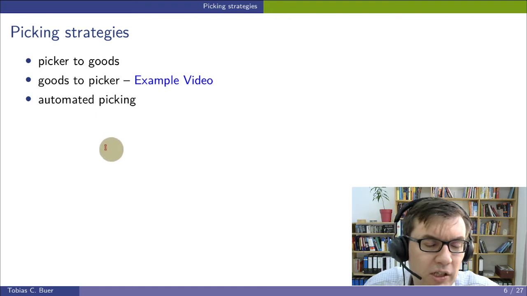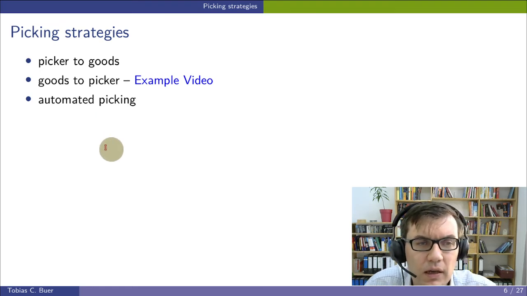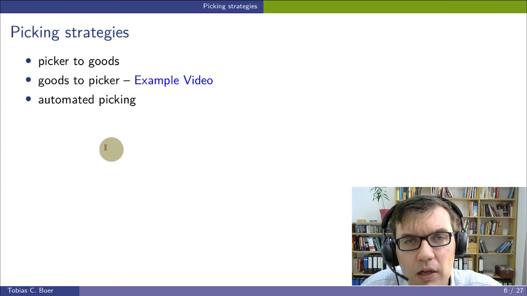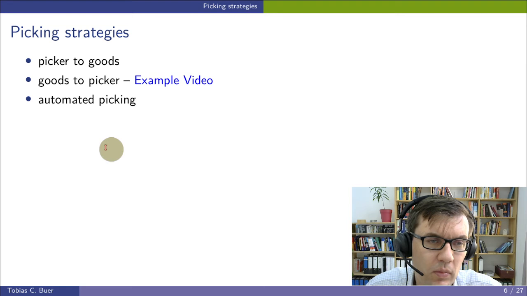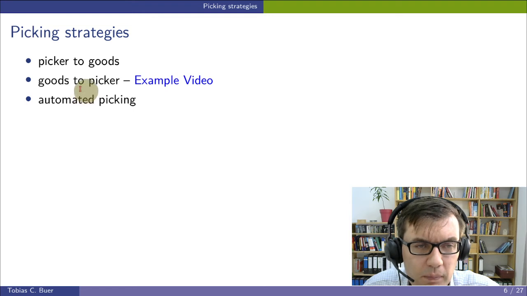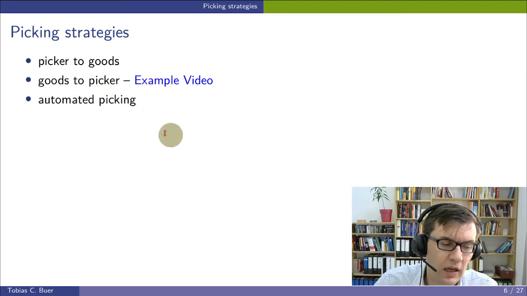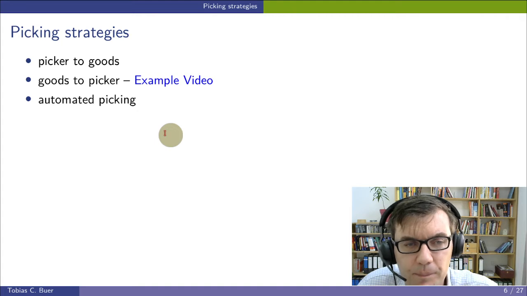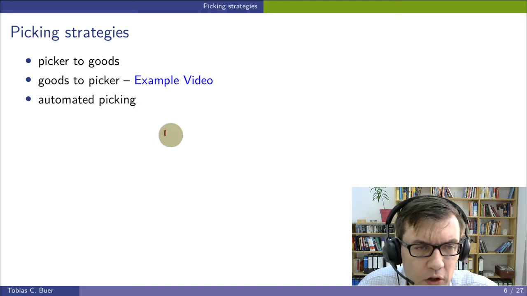And the third major concept for order picking is to completely automate the order picking process by using robots. Of course, these partially or fully automated procedures, goods to picker and automated picking, save a lot of time in the order picking process, and they save a lot of human labor costs.